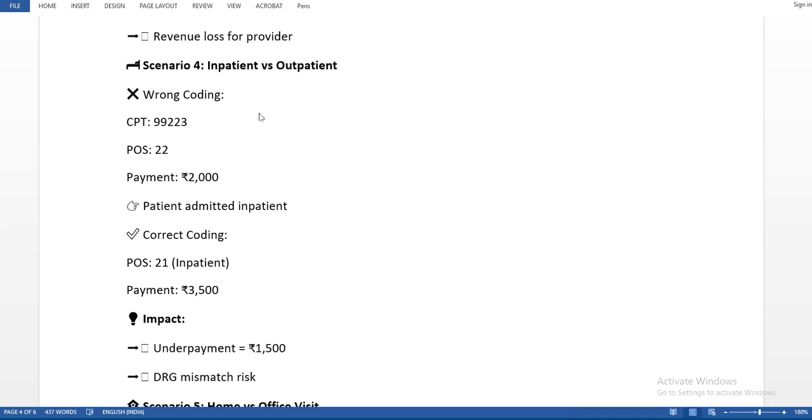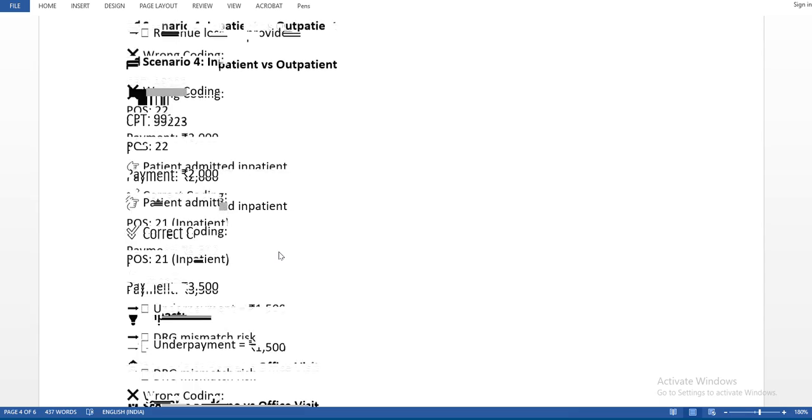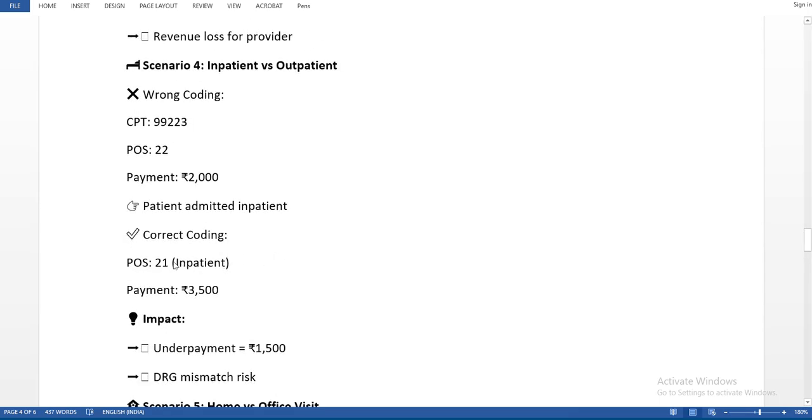We will see the last scenario here. Scenario 4, inpatient versus outpatient. So what is the wrong coding before the denial? 99223 and POS 22. The hospital already got $2,000 payment. Here the patient is admitted as an inpatient. Originally the patient is admitted, so our correct coding will be POS 21. As we have discussed previously, if the patient is admitted, it becomes an inpatient service.